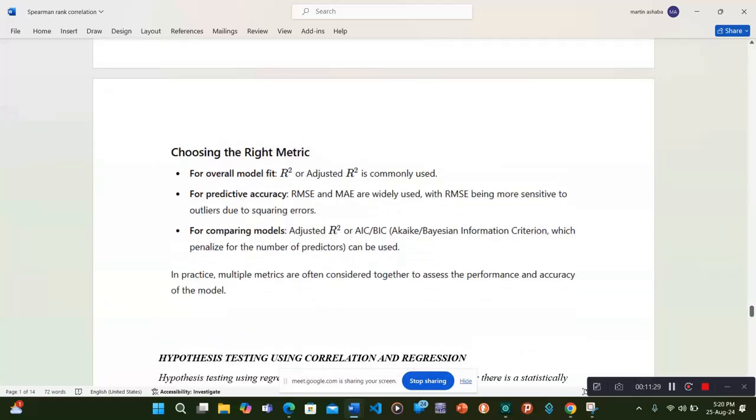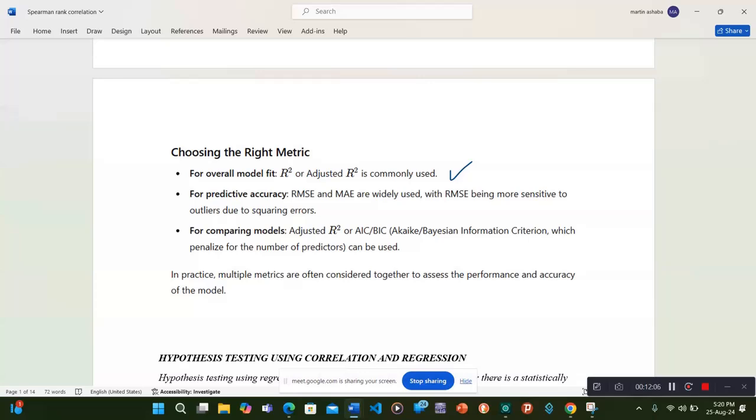So how do we choose the right metric to measure the accuracy? We look at r squared because it is for overall model fit; it tells us that this model fits the data very well, and it is the most commonly used. For predicting the accuracy, the root mean square error and the mean absolute error values are very important.